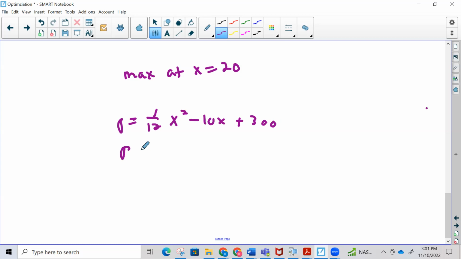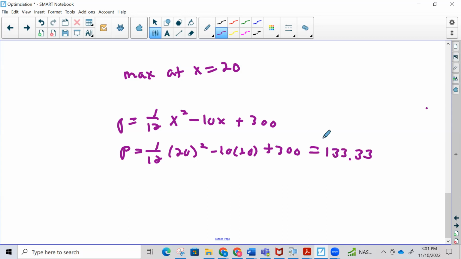So I'm going to plug in 20 into that. Okay, and I get the price, we'll do 2 decimal places because we're talking about money, is 133.33. And so that's another example of maximizing with a revenue, cost, or profit function.